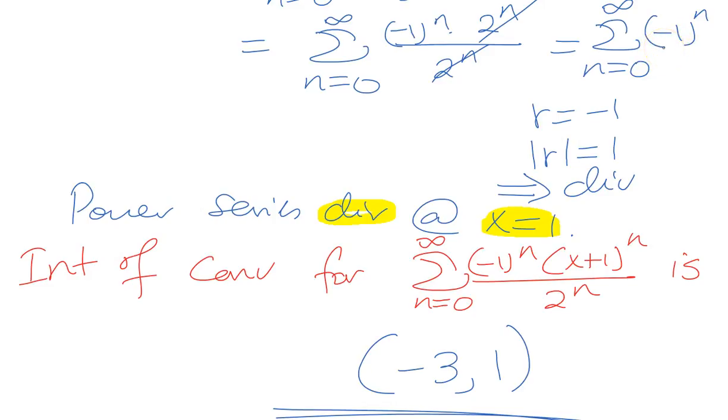One of the necessary conditions for convergence is that the limit of the nth term must approach 0. In this case, the limit of the nth term is not approaching 0. It's alternating between negative 1 and 1. That's why this turns out to be a divergent geometric series.